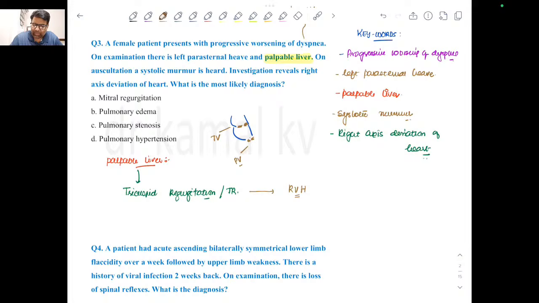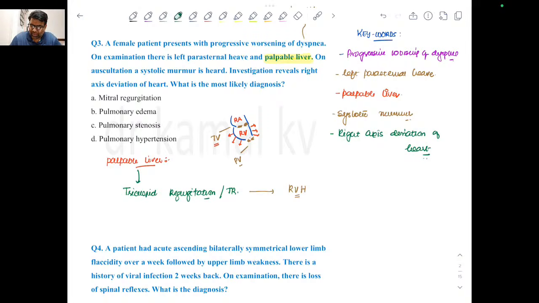Okay, so what is happening? The right ventricle is hypertrophied. This is the right ventricle, this is the right atrium. Because of this hypertrophy, the tricuspid valve is not closing properly, and it is resulting in tricuspid regurgitation.